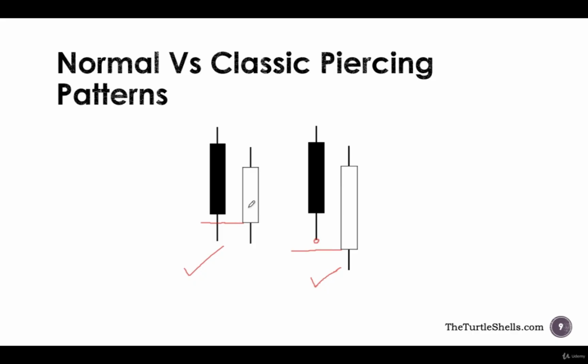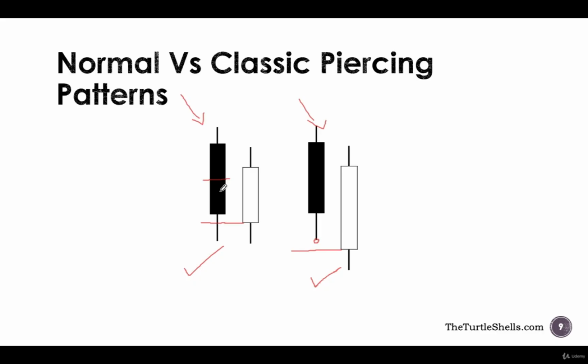If the opening of the white candle is within the shadow of the prior black candle or near the closing of the prior black candle, then I would call it a normal piercing pattern or a variation of a piercing pattern. But in any given case, both should come after a downtrend and both white candles should close above the midpoint of the prior black real body.